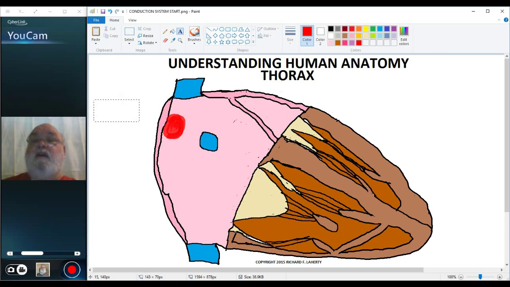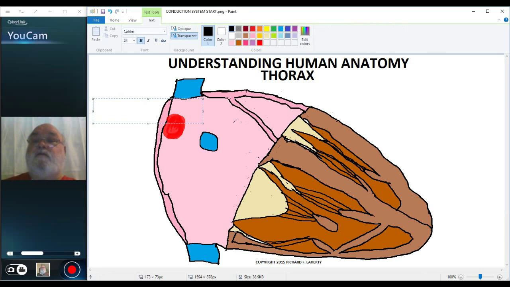The SA node is the pacemaker. The SA stands for sinoatrial node. We find it in the right atrium near where the superior vena cava joins the right atrium.